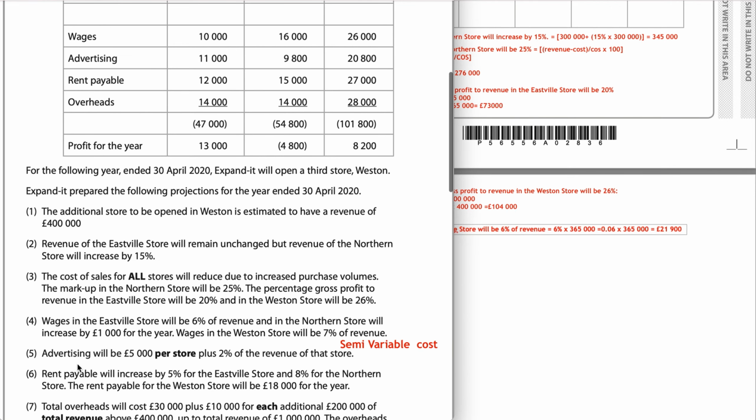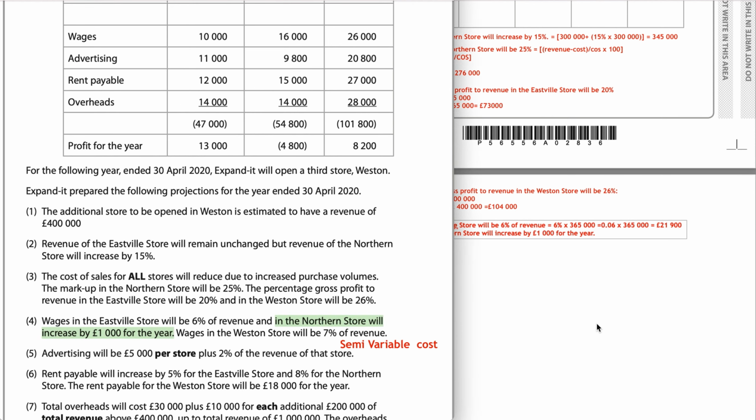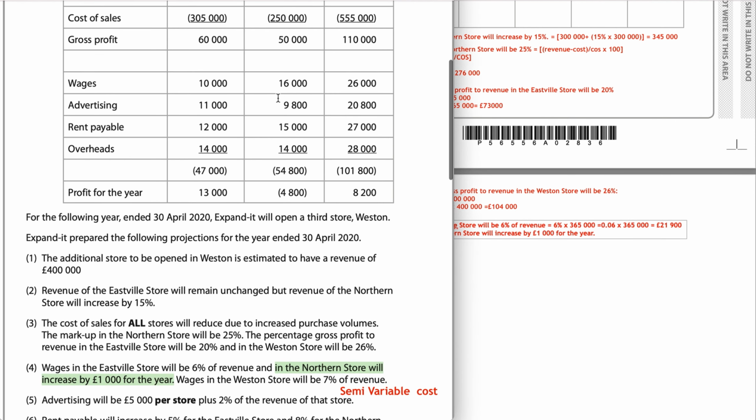Now the next one. It says that wages in the northern store will increase by 1,000 pounds for the year. So the wages in the northern store are going to increase by 1,000 pounds per year.